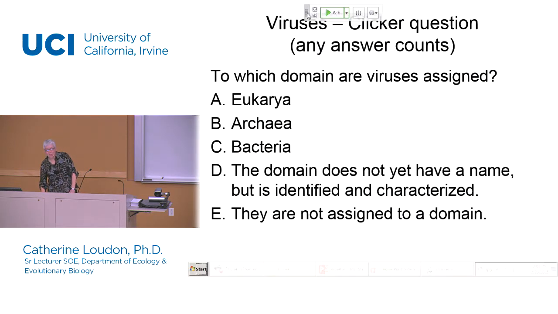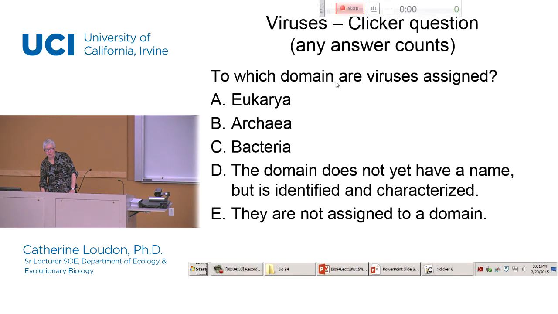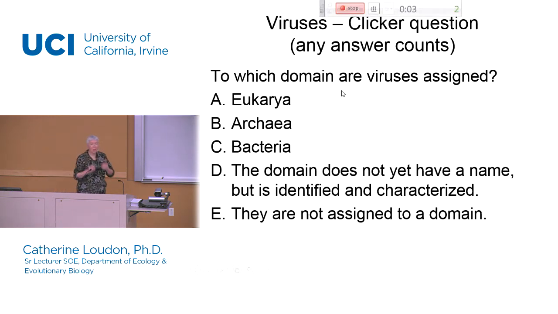But first, let's start with connecting up new information with information you've already learned in the quarter. Of course, we're now starting the final third of the class. And you've learned about the domains.